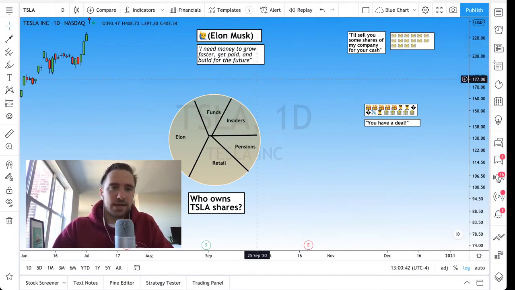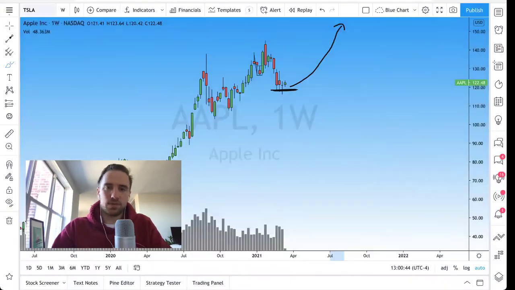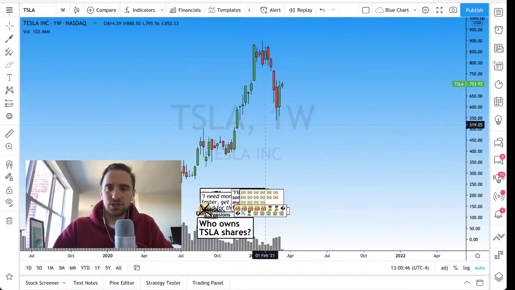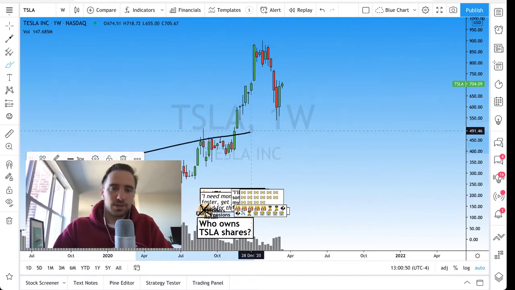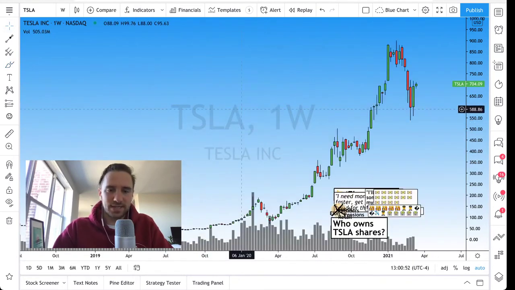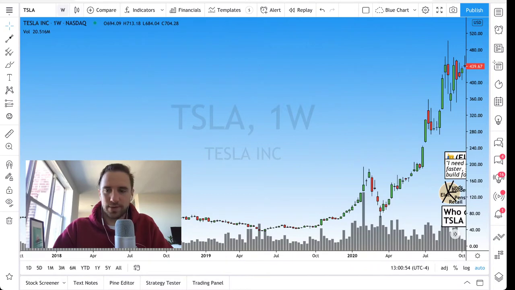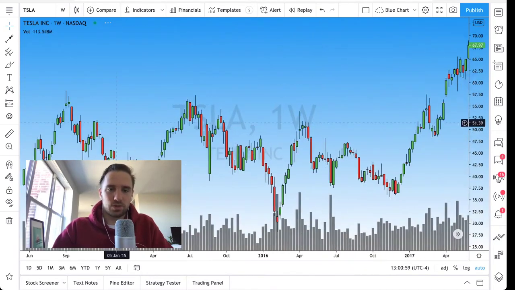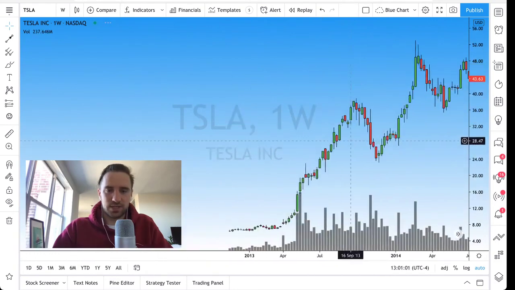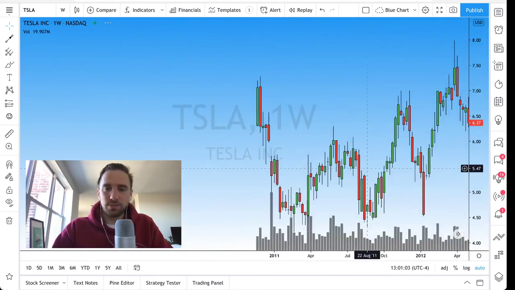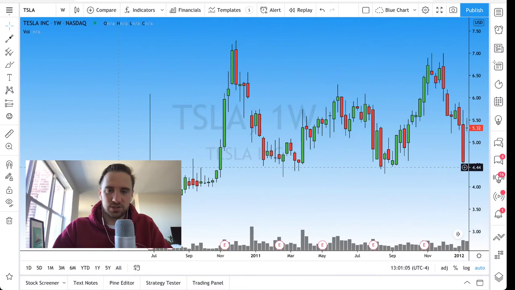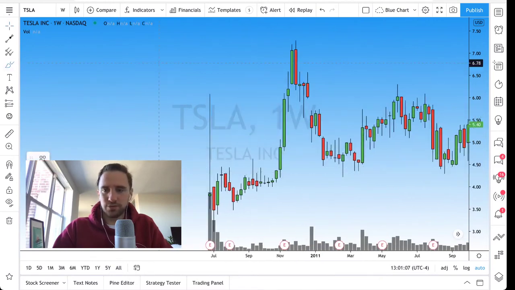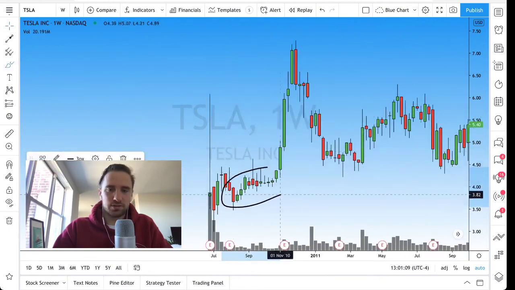So you may know that while Tesla does trade for $700 a share today, there was a point in time when Tesla, if you see this chart, traded for just $4 a share.